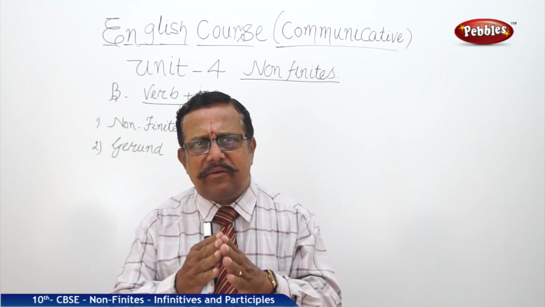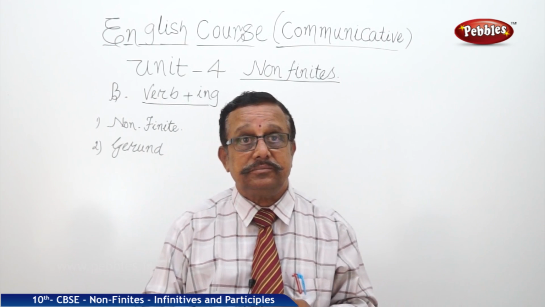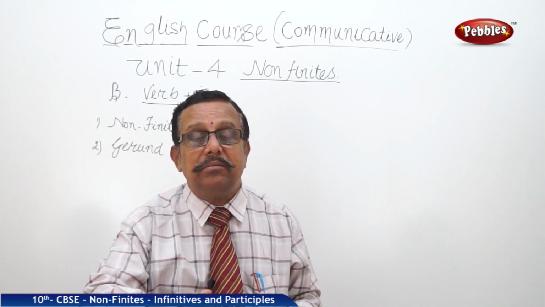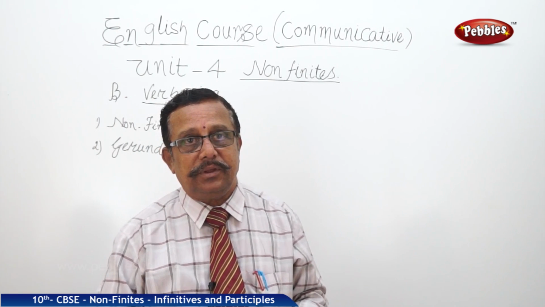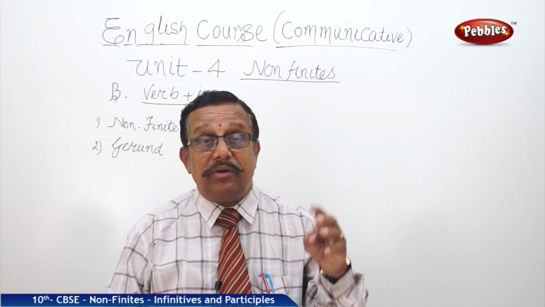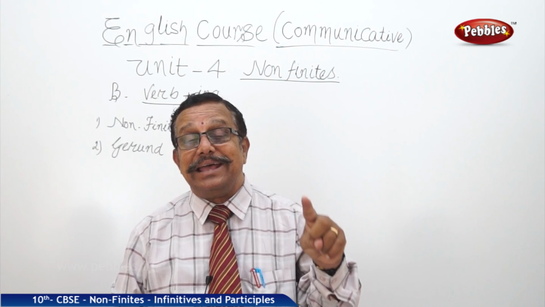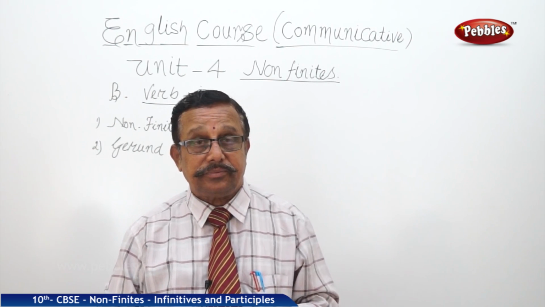Wherever there is a continuous tense, we are using them. We can use them as adjectives: rolling mass, rolling stone. Whenever we are using them as adjectives, those are non-finite forms.